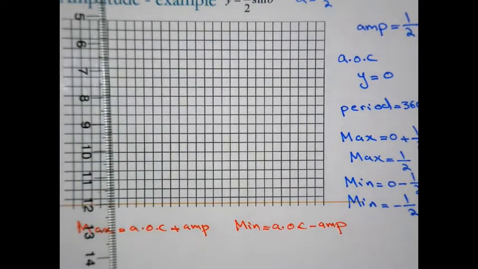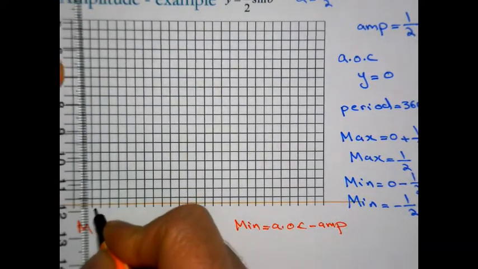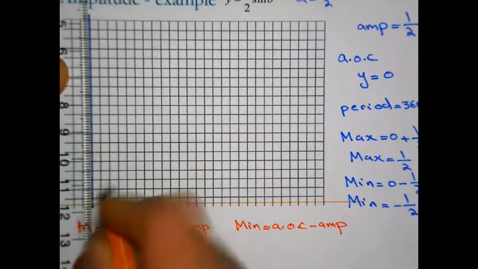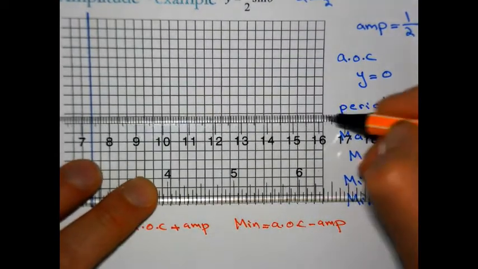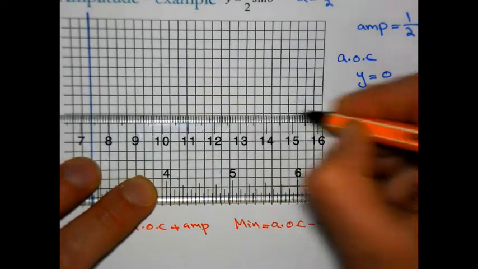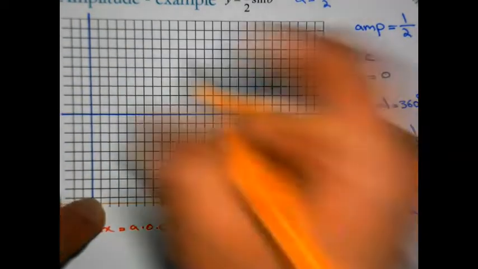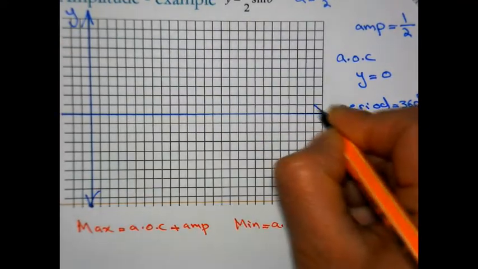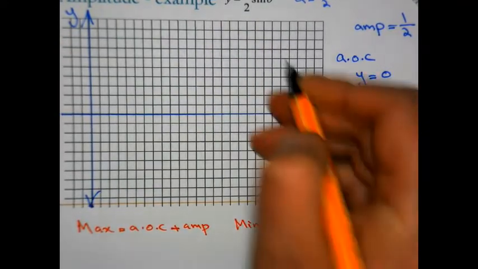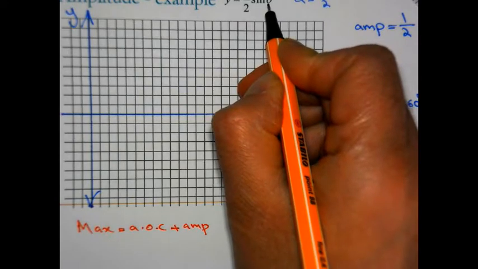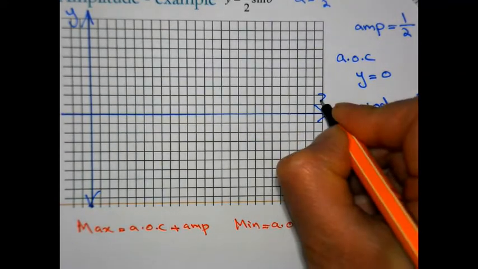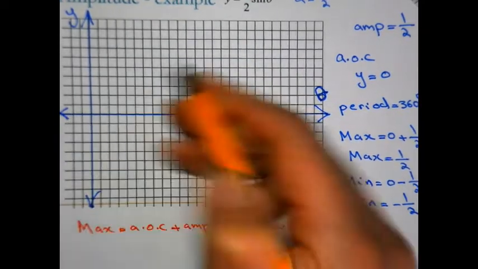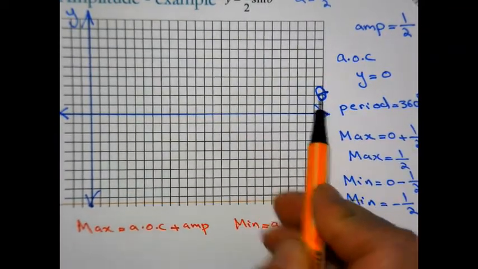So first I am going to put my x and y axis here. So y. Now here we have theta. So instead of writing here x, because it's not sine of x, I'm going to use the simple theta. So make sure that you are consistent.